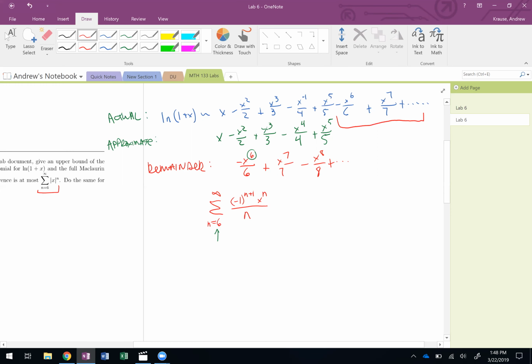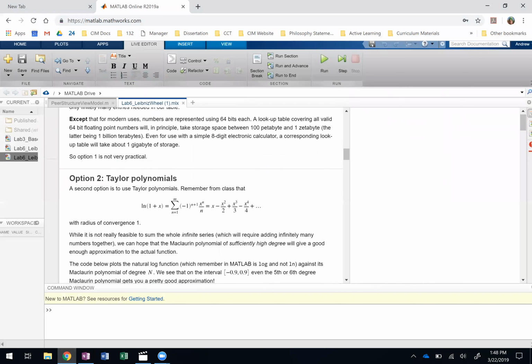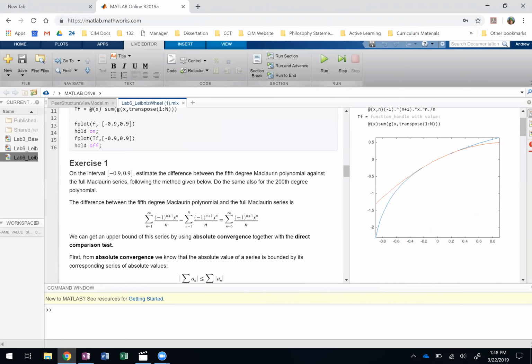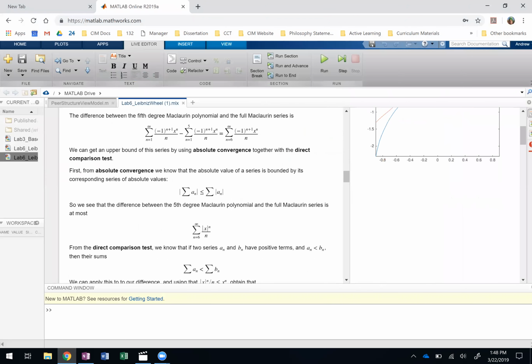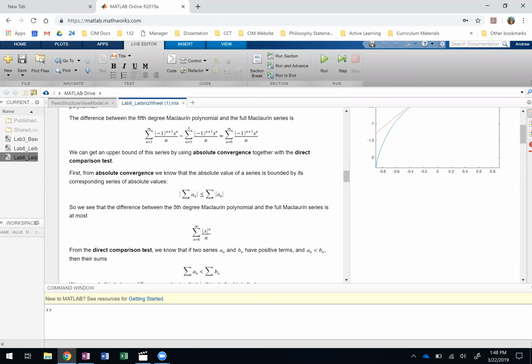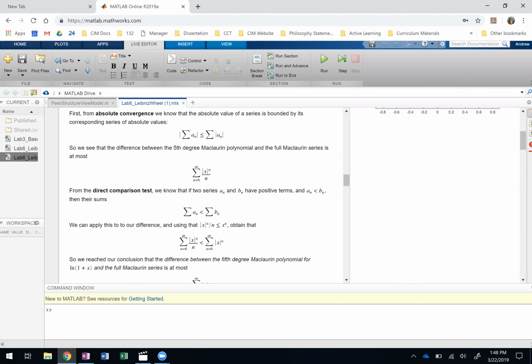If we take a look back at the lab, what we're saying is that this sum that we have right here, we can talk about these absolute values in just a second, is less than some other series. So we're actually going to be using the direct comparison test.